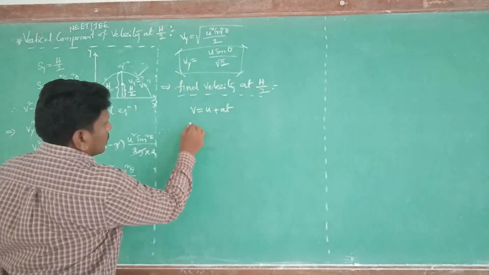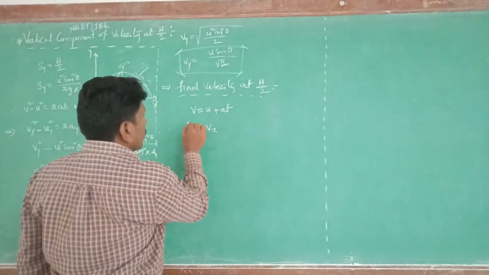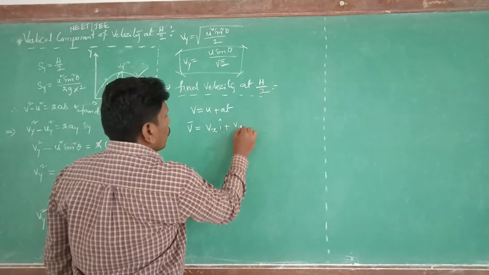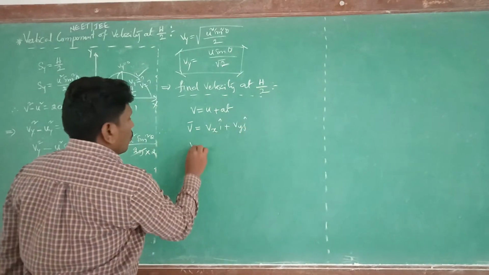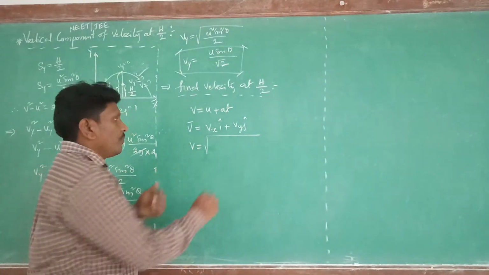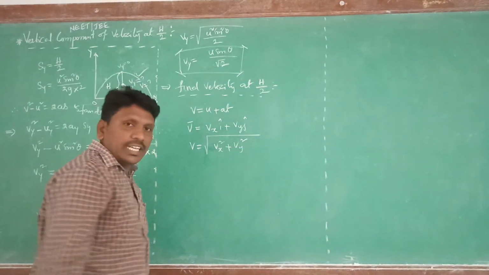Sometimes we can write v bar is equal to vx i cap plus vy j cap. Taking only the magnitude form, v is equal to the square root of vx square plus vy square. Clear?